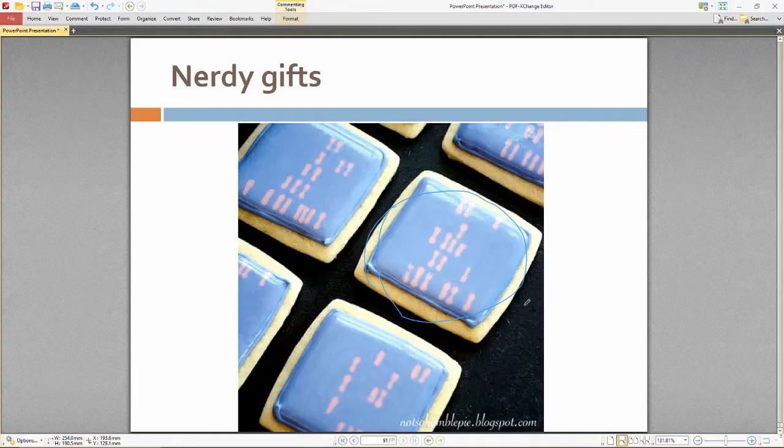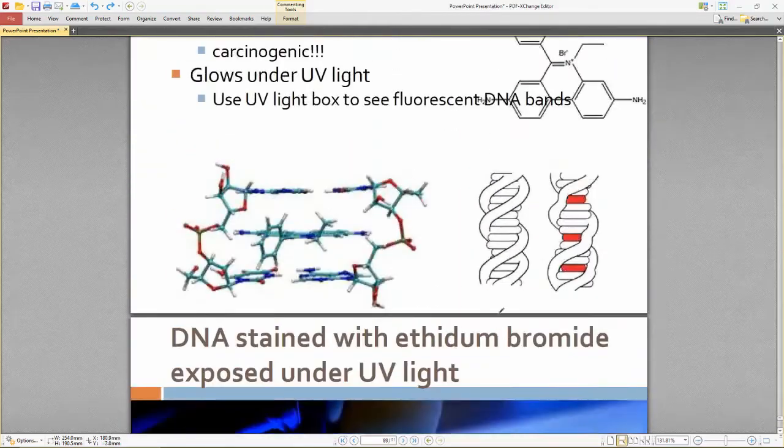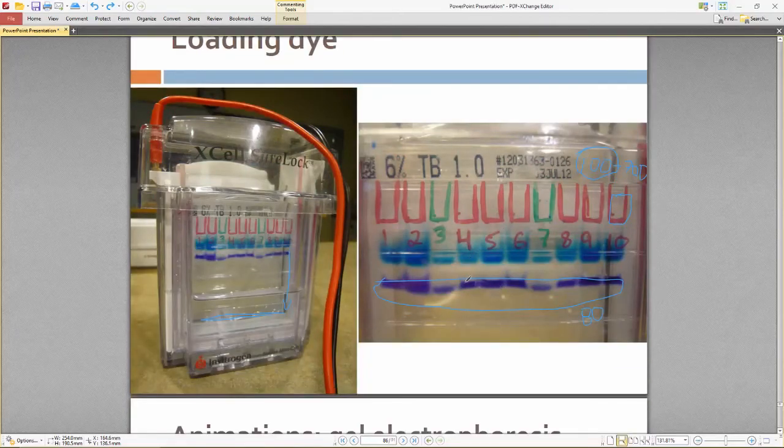Just a question. Once the loading dye reaches the bottom, what you're measuring is how far the DNA got, and that's going to tell you how many base pairs are in the DNA? Essentially, what we also do is, I forgot to mention that, we have this. So you see how these are green? Everything else is red. So your greens are basically your control.